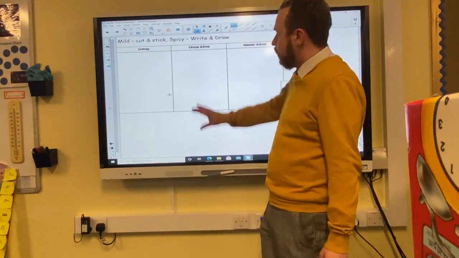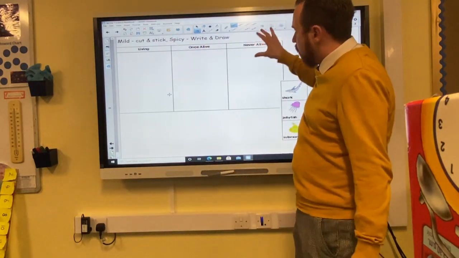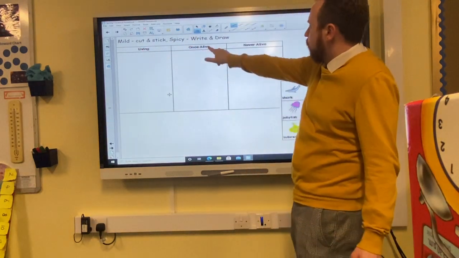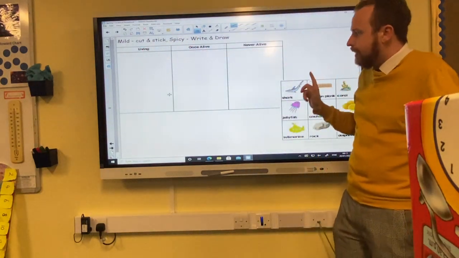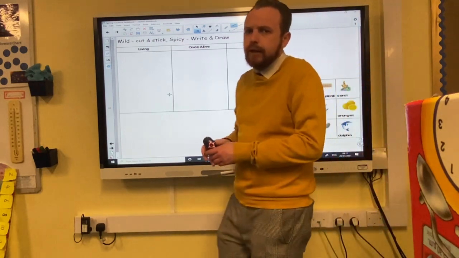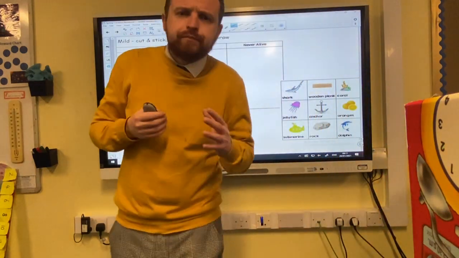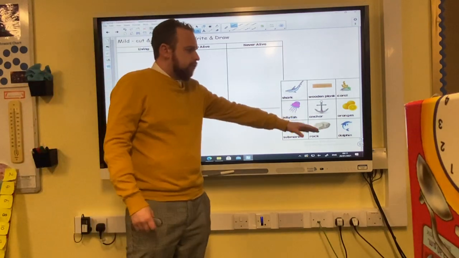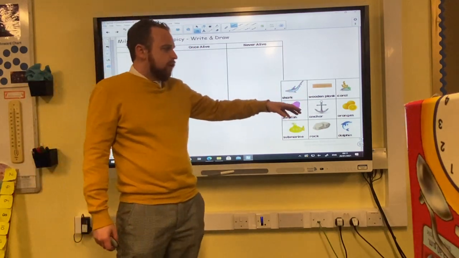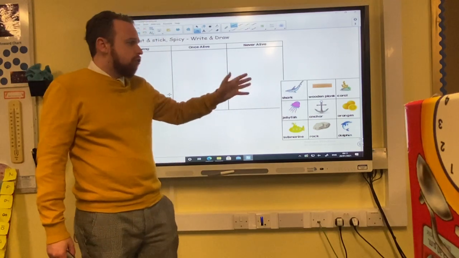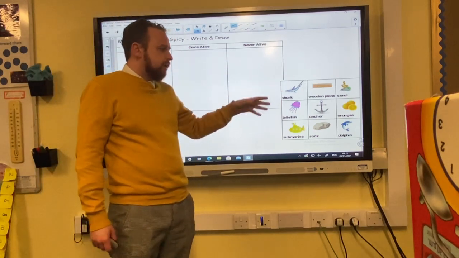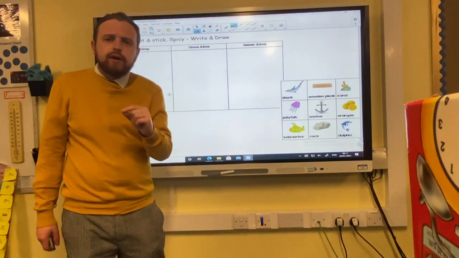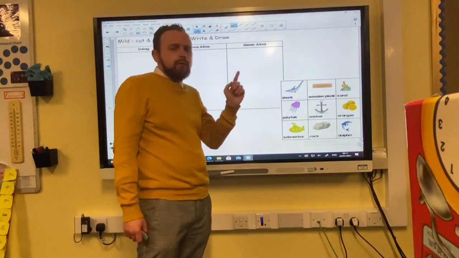And your table needs 3 different columns, okay? One for living, one for once alive, and one for never alive, okay? Now what I want you to do is, first of all, I've sent you some different things. Quite a few of these are related to under the sea. So for example, I've got shark, wooden plank, jellyfish, anchor, so on, okay? And I want you to decide which category they go in and write them in.